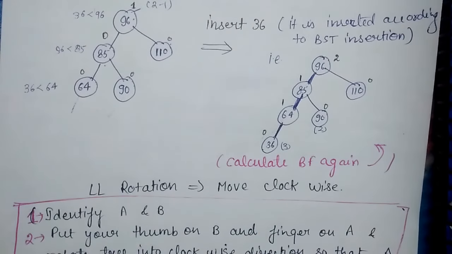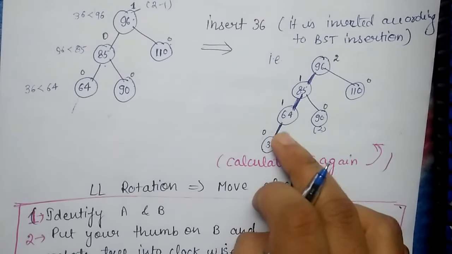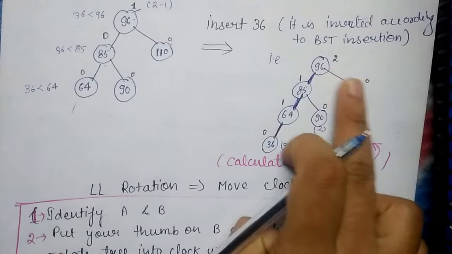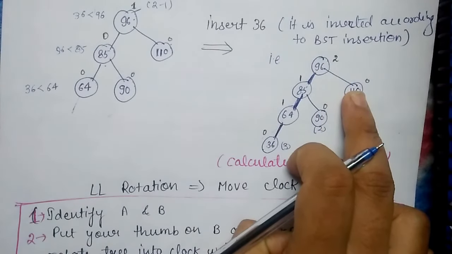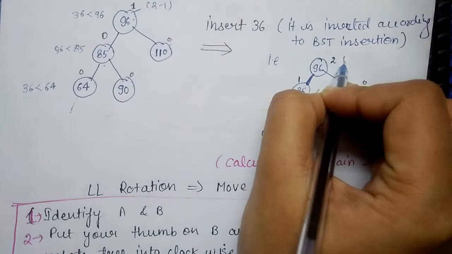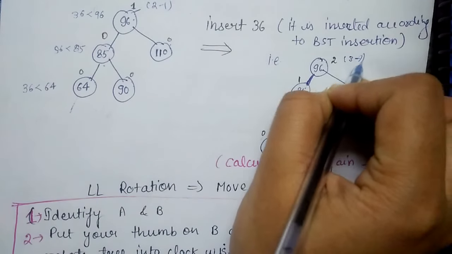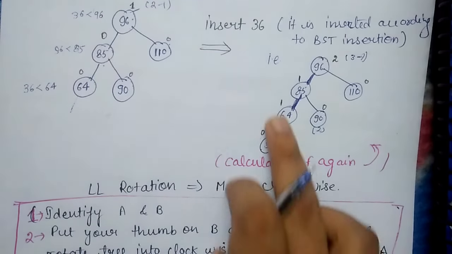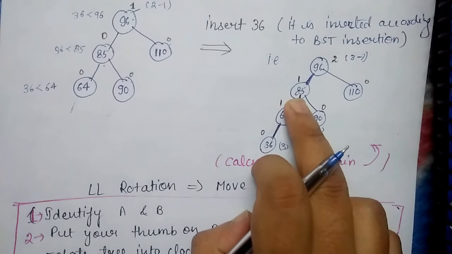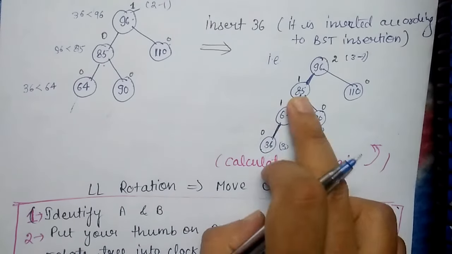You will take the maximum height, that is 3, minus the right subtree height, which is 1. That is 3 minus 1, which will be 2.